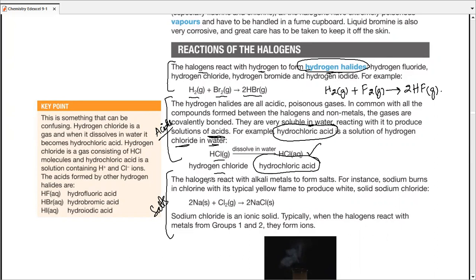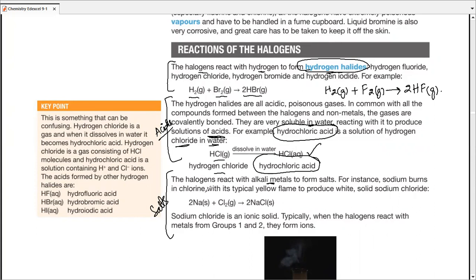Now, moving on, they react with alkali metals or other metals. It's not just about group one, it's not just about alkali metals. Yeah, these are the most used salts, but they also form salts with transition elements and with alkaline earth metals or group two metals as well. To start with, alkali metals are the best possible example.